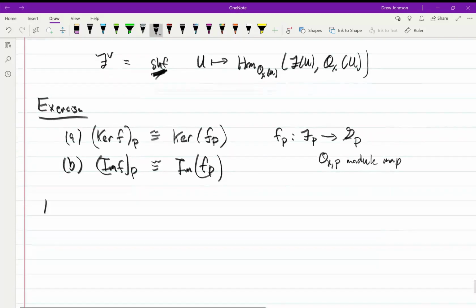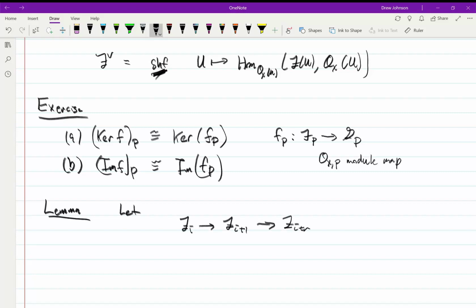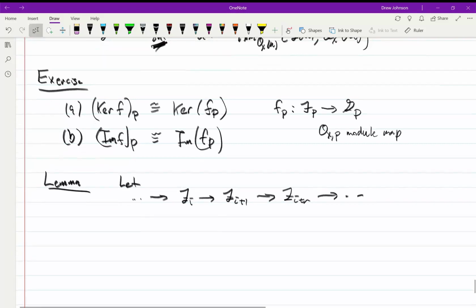Those are going to be nice results. Now we're going to use them in the following lemma. In this lemma, let's take a sequence of sheaves F_i, F_{i+1}, F_{i+2}, possibly infinite. We're going to have four things, so the following are equivalent.